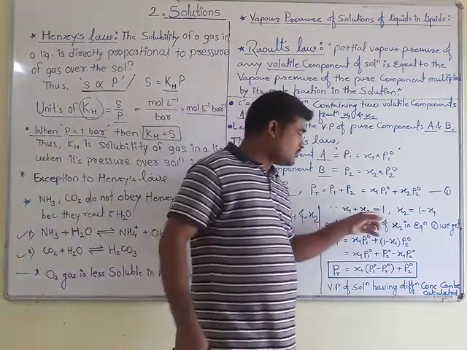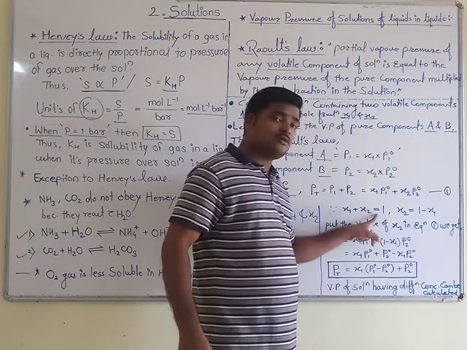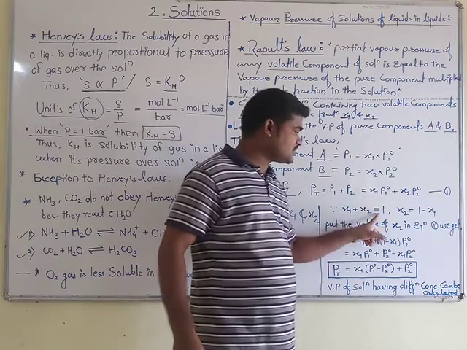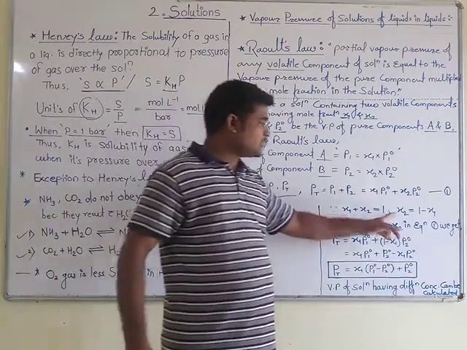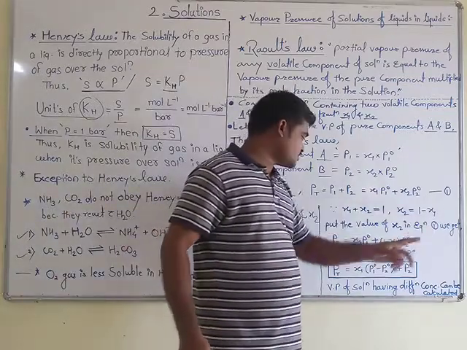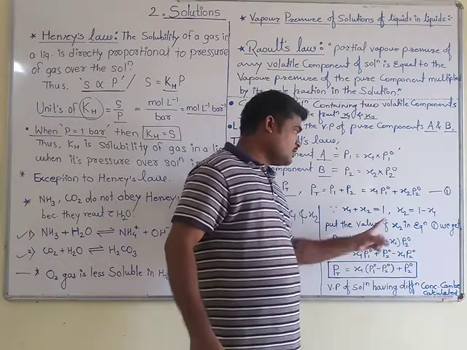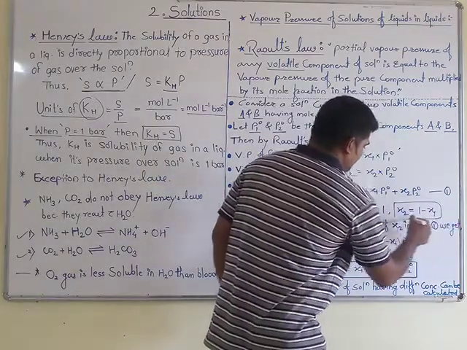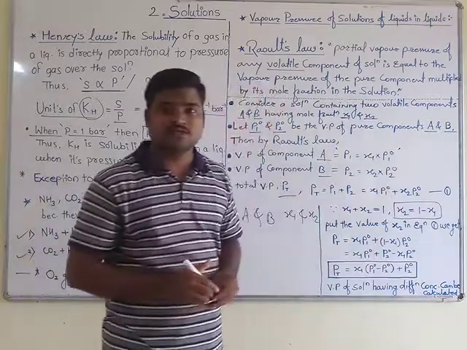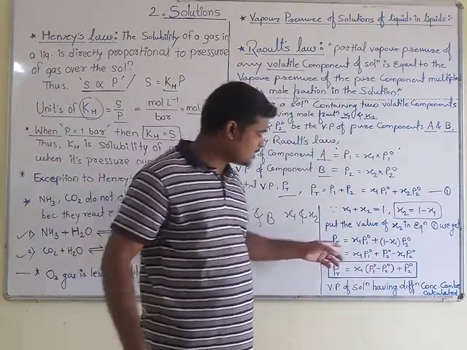We can modify this in terms of X2, so we write X2 is equal to 1 minus X1. Now we substitute this X2 value in the above equation, that is, equation 1. Then what do we get?